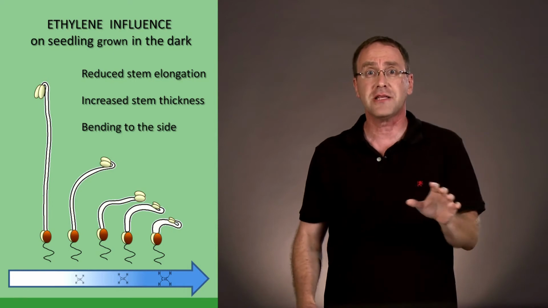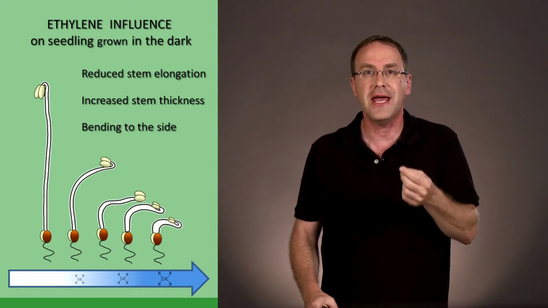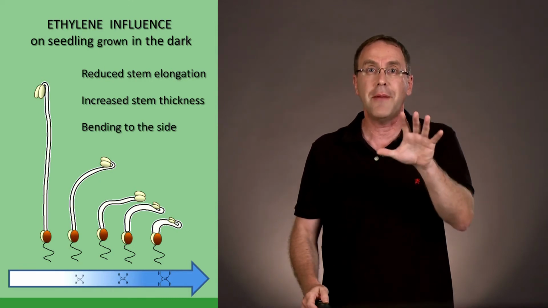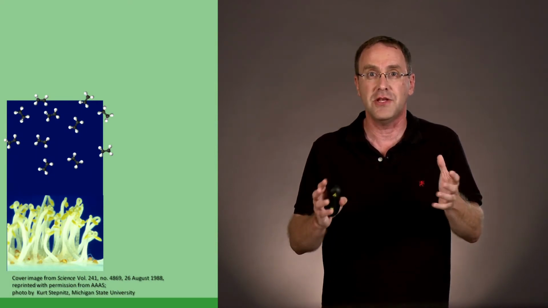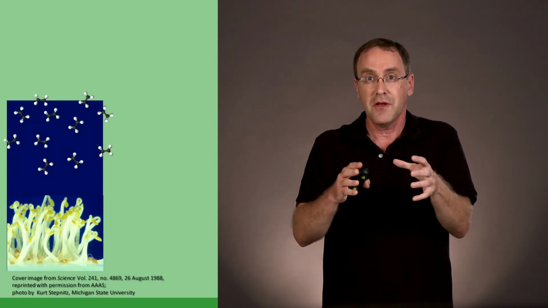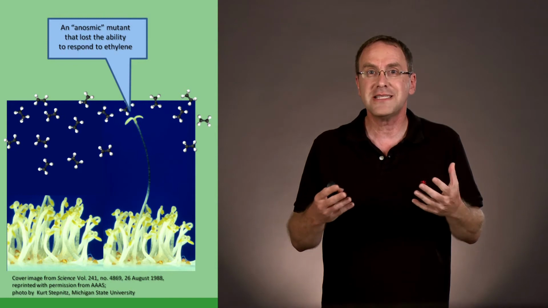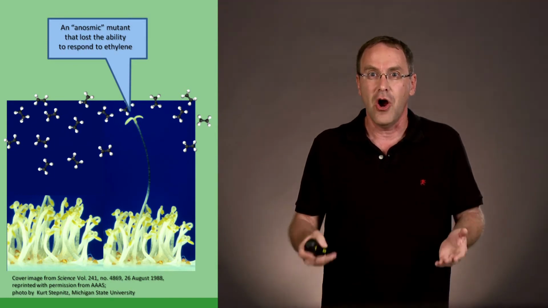But anyway, getting back to the lab, we can actually utilize this in order to understand how plants respond to ethylene. So this is a picture of Arabidopsis that have been grown in the presence of high ethylene, but in the dark. You can see that they're all short, fat, and sort of bent. But here we have mutants that are all grown under the exact same conditions, and we can see that these mutant Arabidopsis are elongated.